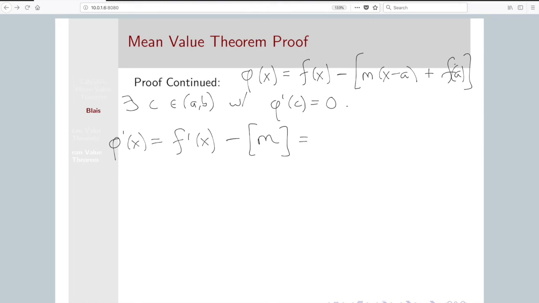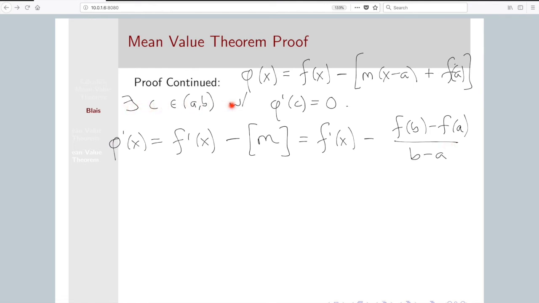But we mentioned that m was f of b minus f of a over b minus a. So now we have an expression for phi prime of x.